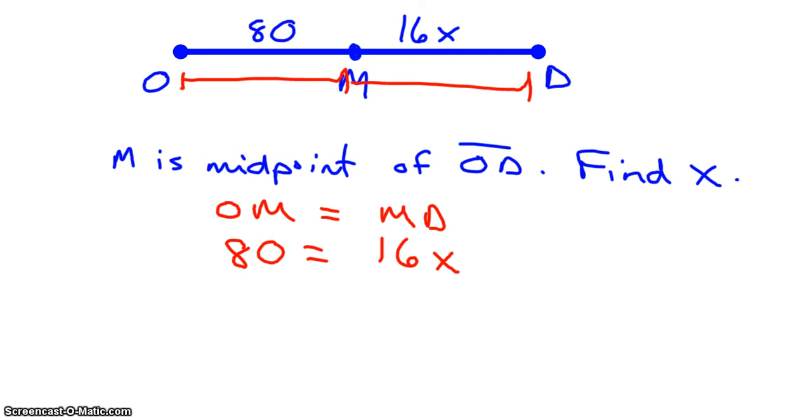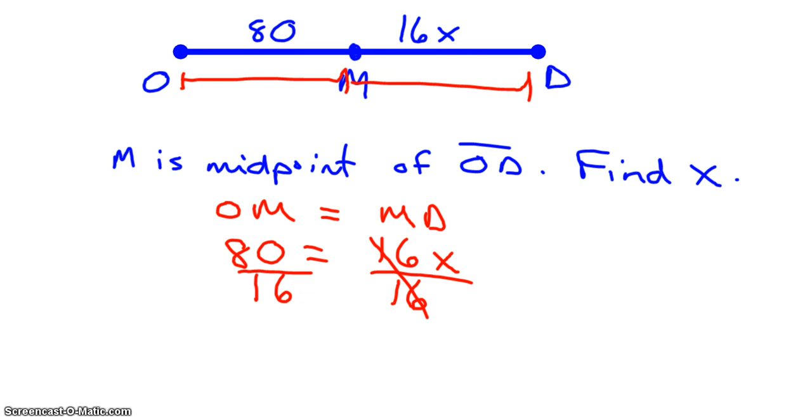And okay, what are you doing to solve this? Divide 80 by 16. So what are you dividing 16 by? 16. Okay, so on the right, she's dividing 16 by 16 to get 1, right? So she must do the same division on the left side of the equal sign, right?